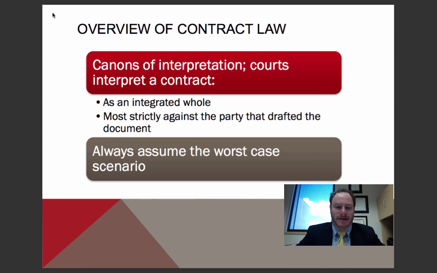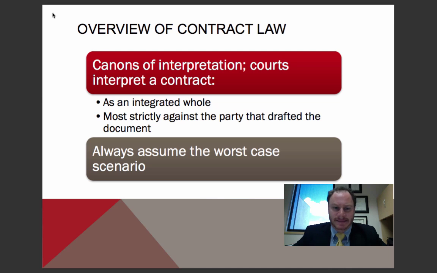So it's a policy matter that the person who drafts the contract, unless there's language in the contract that refutes this policy, the contract's going to be construed against them.